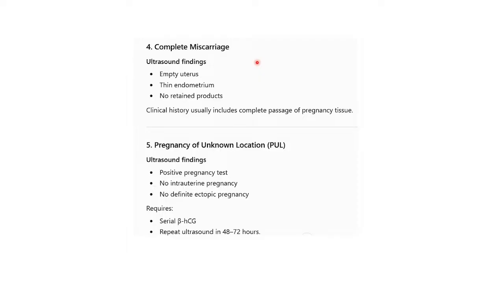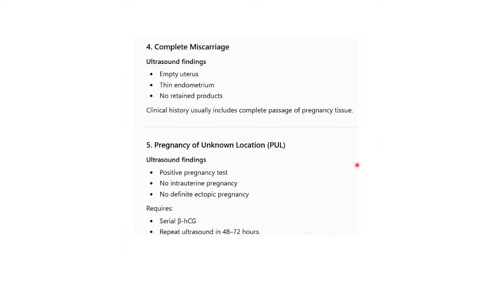It could be abnormal periods as well. So it doesn't mean that when someone's bleeding, it is a miscarriage. So you have to also take into cognizance the history of where the patient is coming from. Was a pregnancy test done prior, and what were the findings? So clinical history usually includes complete passage of pregnancy tissue.